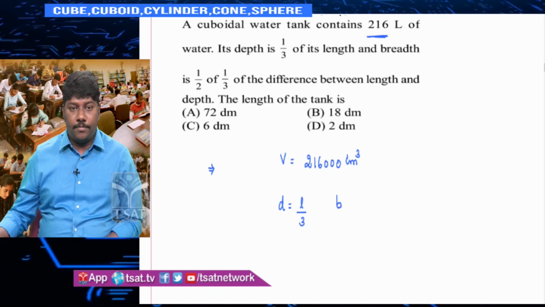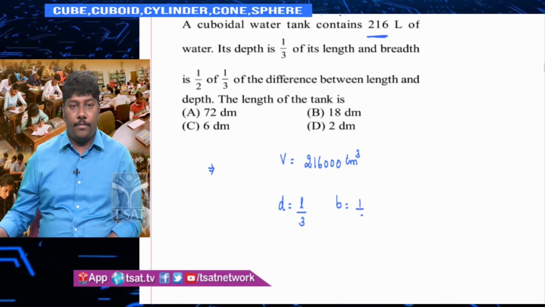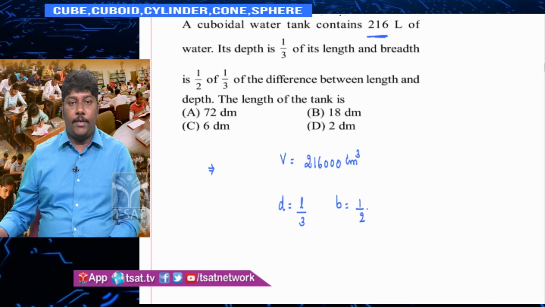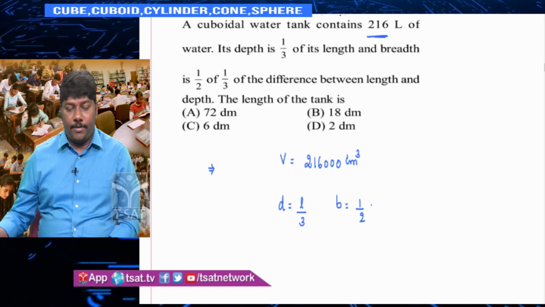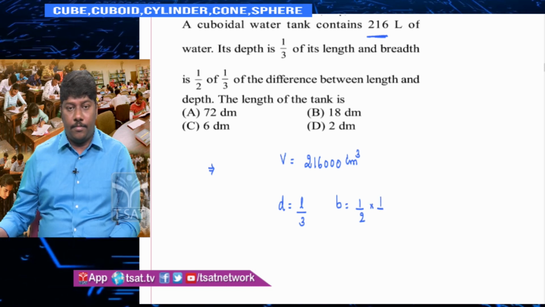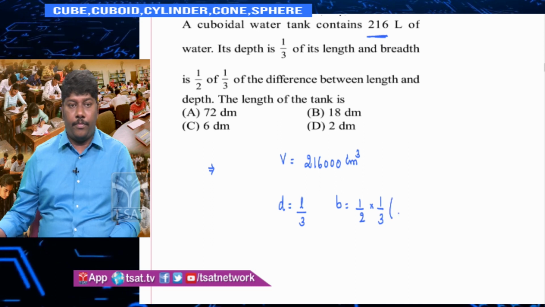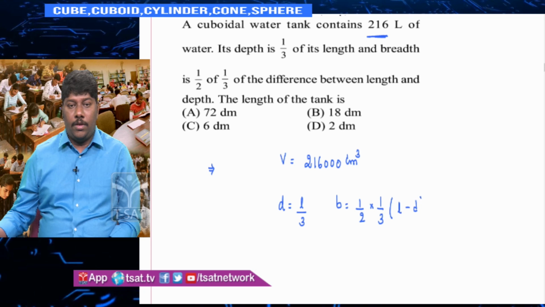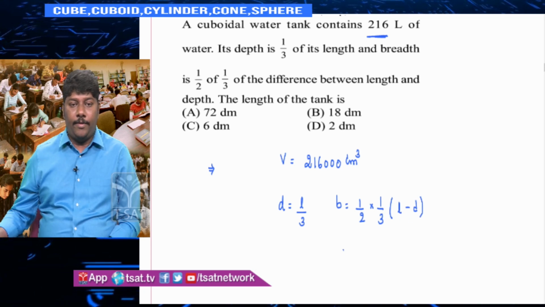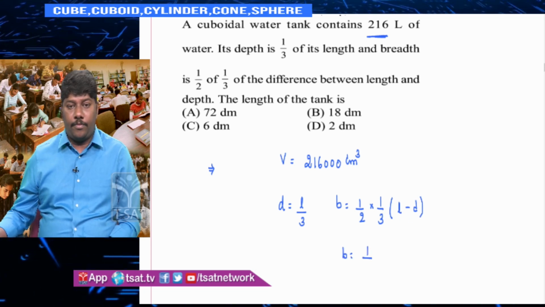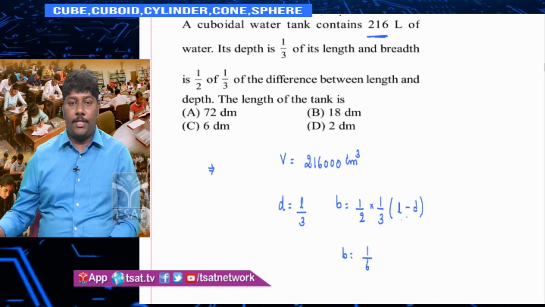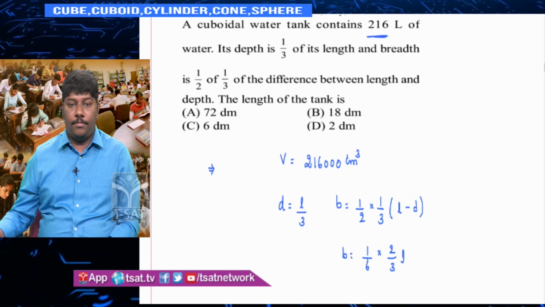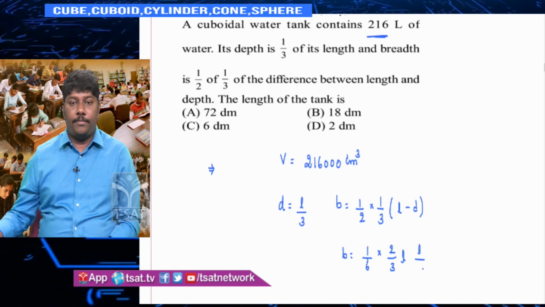Breadth is half of 1/3 of the difference between length and depth, where depth is clearly given. L minus L by 3 is 2/3 of L. So the breadth is L by 9.